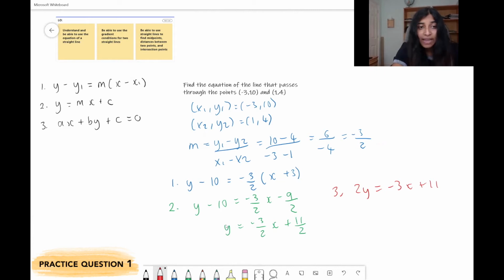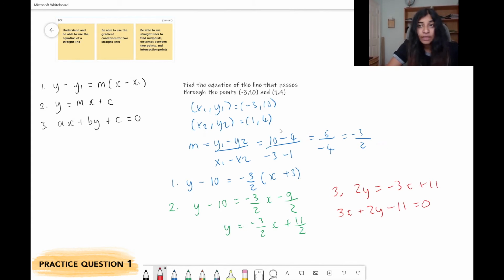Then we bring everything onto one side because we want it equal to 0. If we add 3x to the left-hand side, we get 3x plus 2y, and if we minus 11 from both sides, we get -11, and that is equal to 0.